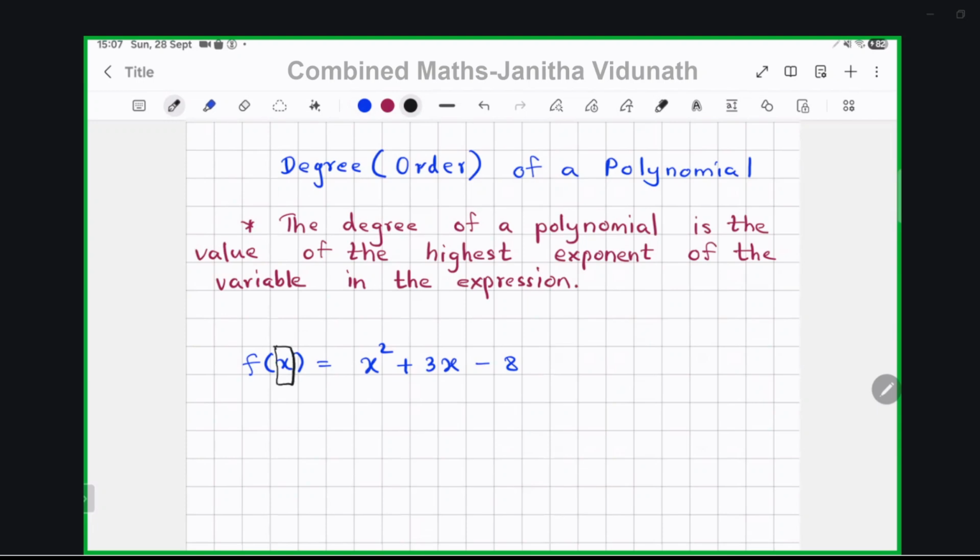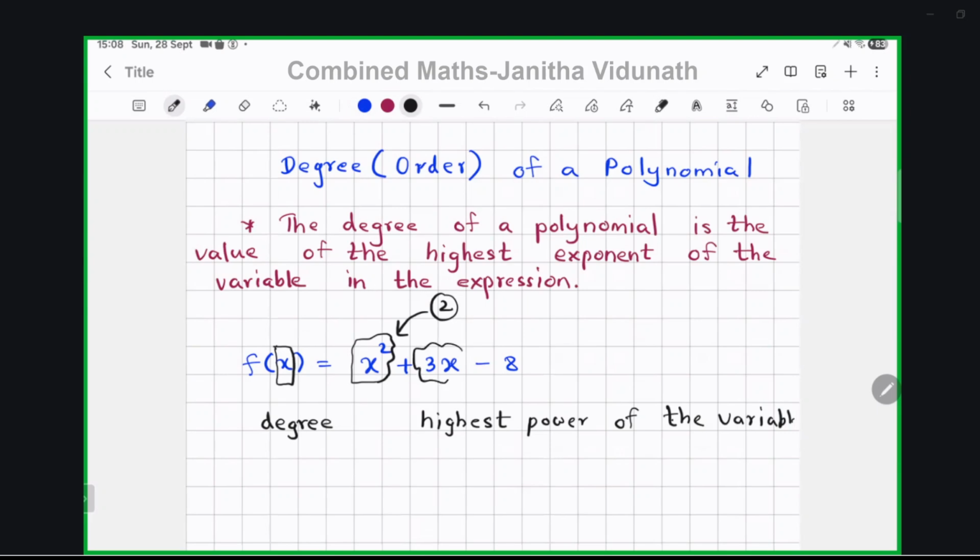Now we use the name degree for the highest power of the variable. In the first term, the power of the variable is 2.